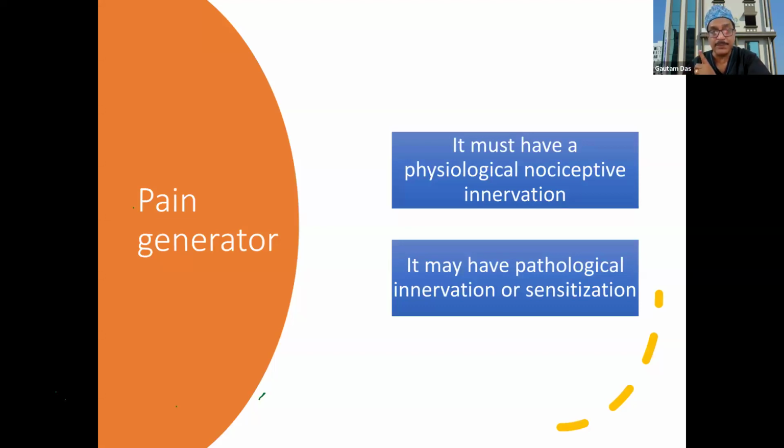You understood what pathological innervation is? In the first class, we discussed pathological innervation and sensitization. In sensitization, we said that some structures which might not have any nerves, in pathological conditions, newer nerve endings might grow into that structure. So earlier, that structure was not a painful structure. Even if you cut it, there is no pain. But after this pathological innervation into that area, that structure becomes a painful structure, right?